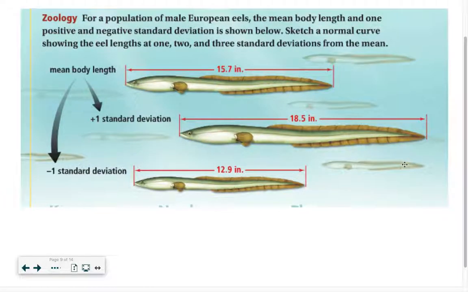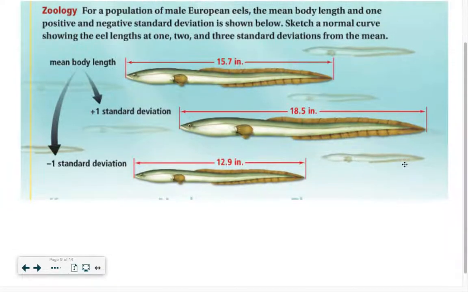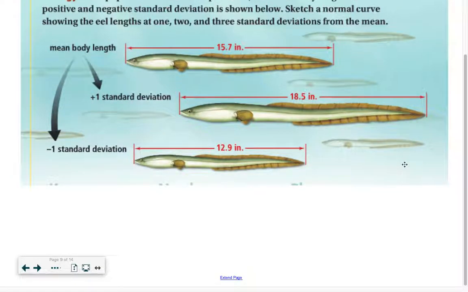We have male European eels. The mean body length and one positive and negative standard deviation is shown below. We need to sketch a normal curve showing the eel lengths at 1, 2, and 3 deviations from the mean. So we are going to draw our line diagrams, okay? In the middle, I have my mean, which is what? 15.7.